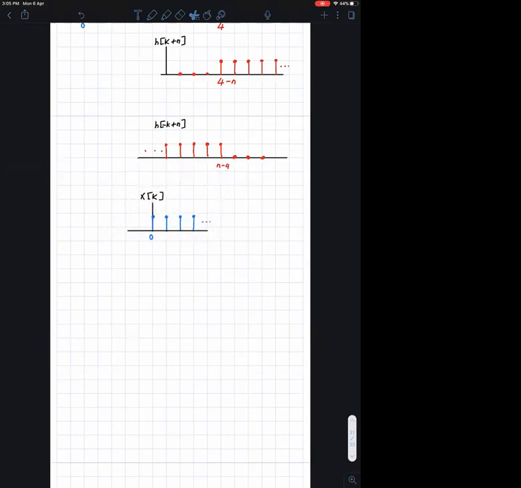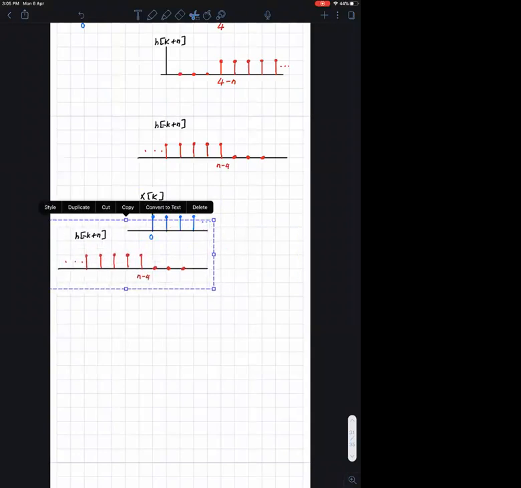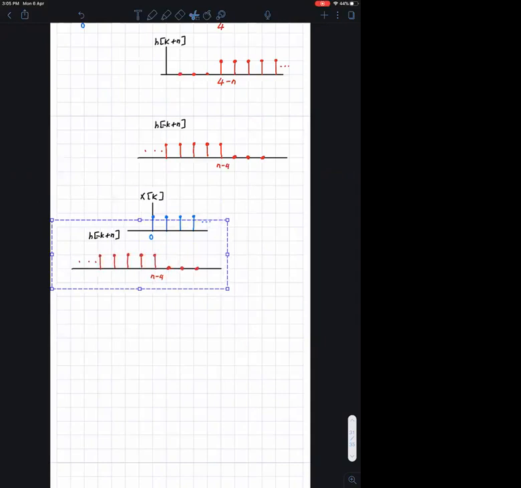Then you're going to take the other signal and slide it over like this. You're going to start from here, and slide until x of k and h of n minus k overlap.